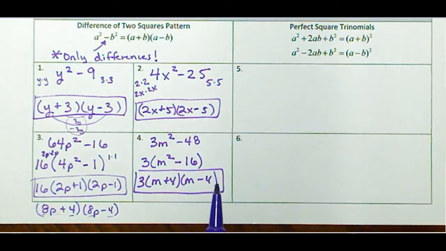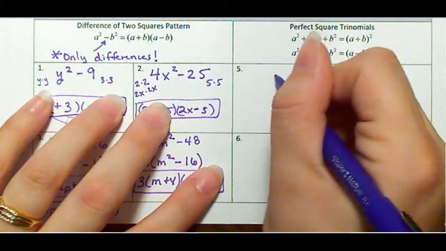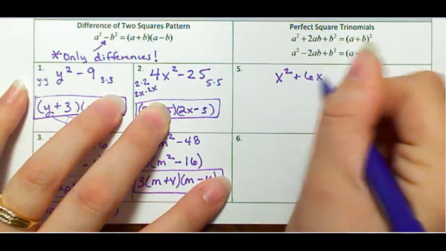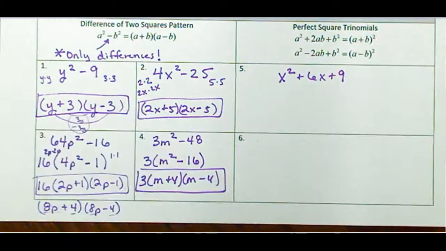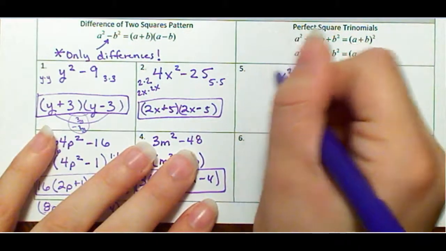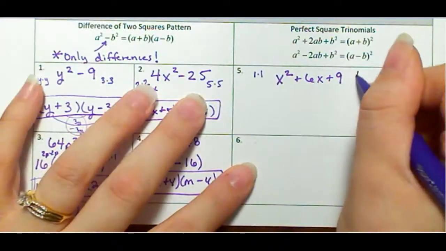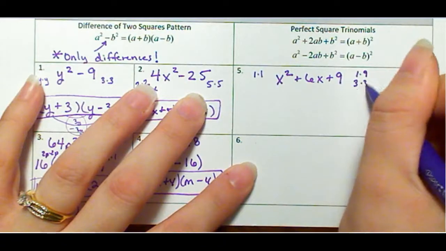Alright, the other one is the perfect square trinomials. I told you this one isn't a huge deal because it kind of happens naturally. So let's just jump into an example. x squared plus 6x plus 9. Factors of x would be 1 times 1, that would be the only numbers in front. Now 9 has 1 times 9 and 3 times 3.